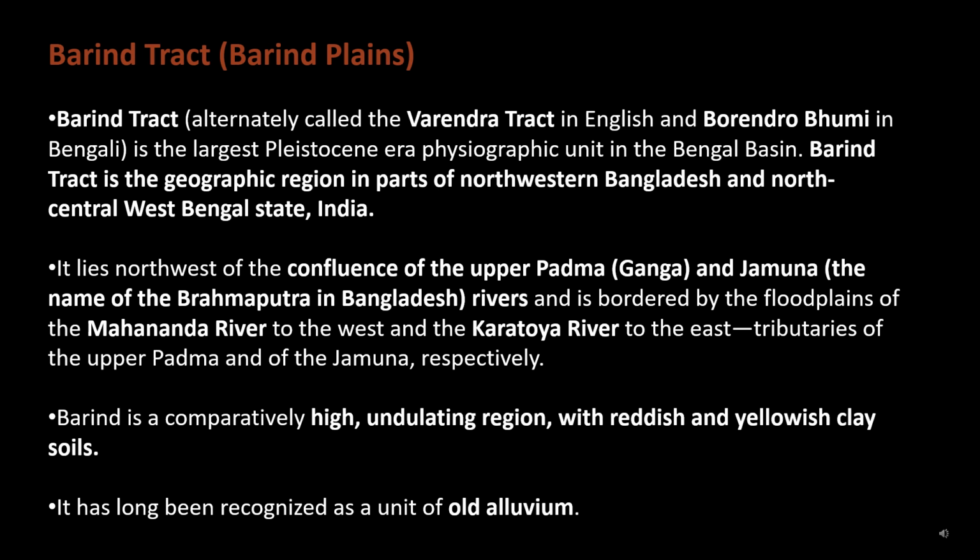It lies northwest of the confluence of the upper Padma, Ganga, and Jamuna, the name of the Brahmaputra in Bangladesh, rivers, and is bordered by the floodplains of the Mahananda River to the west and the Karatoya River to the east, tributaries of the upper Padma and of the Jamuna, respectively. Barind is a comparatively high, undulating region, with reddish and yellowish clay soils. It has long been recognized as a unit of old alluvium.